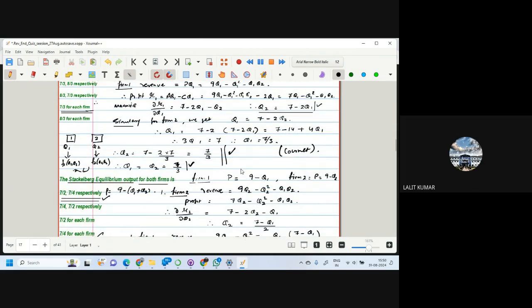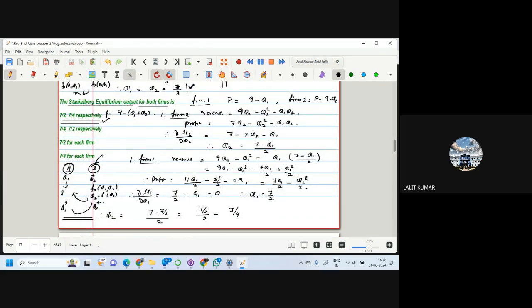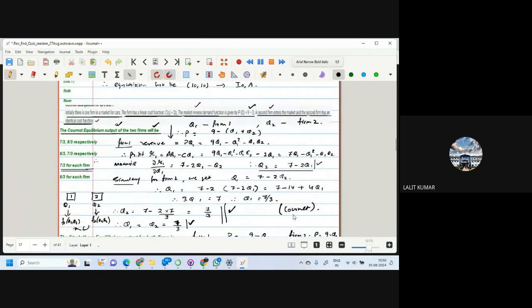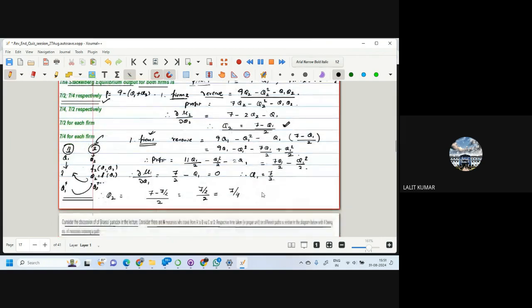And in the Stackelberg, again, the same steps, what do we do? So remember firm 1 was there and firm 2 is entering. So firm 2 will react to firm 1's quantity and this will be the revenue for firm 2. And from here we will get an equation for Q2. Now firm 1 is the leader, he will react to this and change his quantity as per Q2.